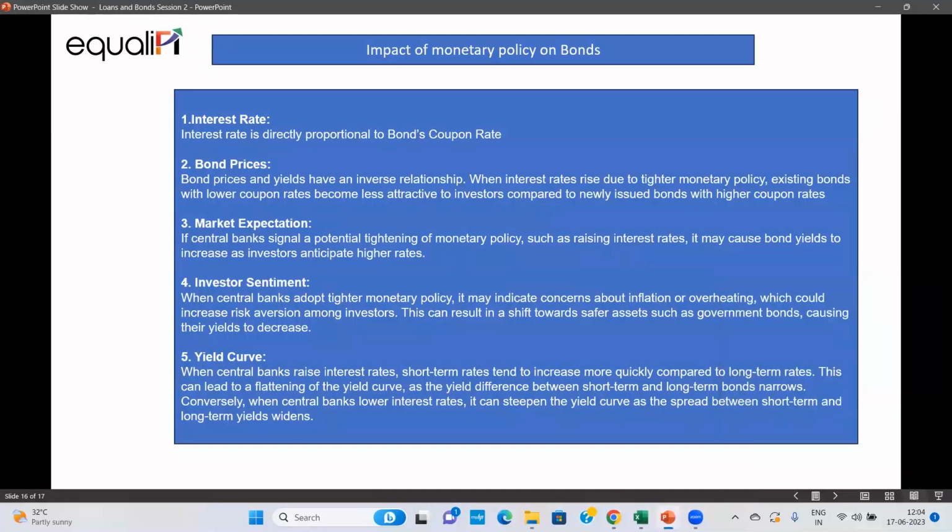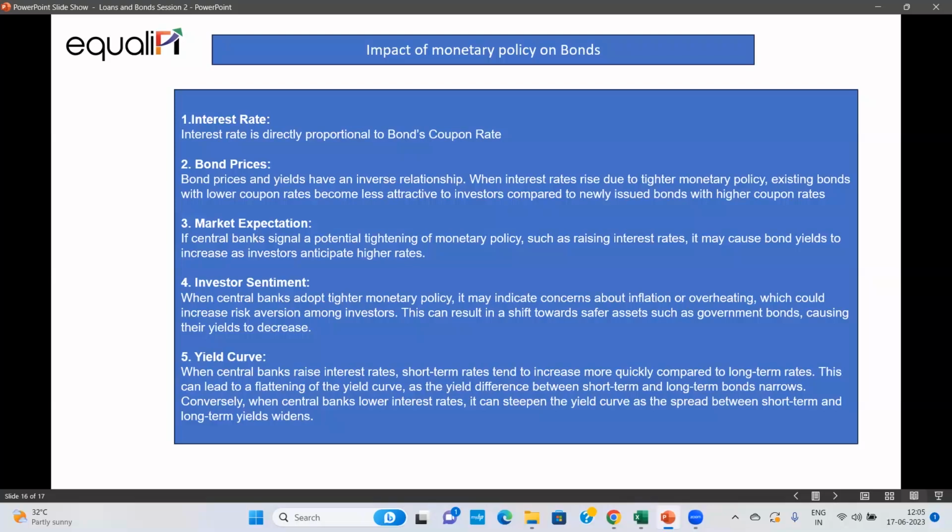So the short-term rates move very quickly in relation to the central bank actions or the repo rates. But the long-term rates are more dependent on demand and supply. There are institutions like insurance companies, pension funds, which always tend to prefer the long-term bonds in relation to the short-term papers.